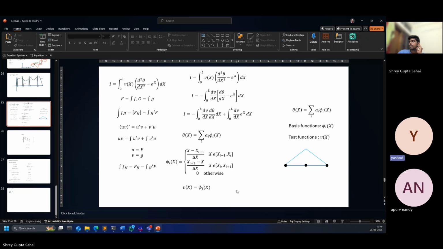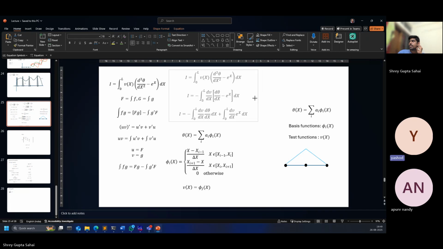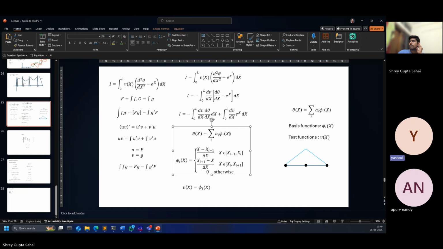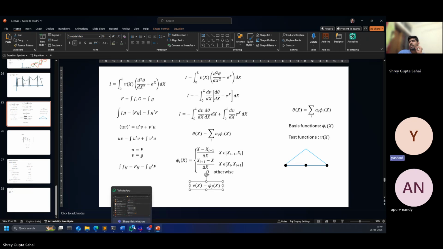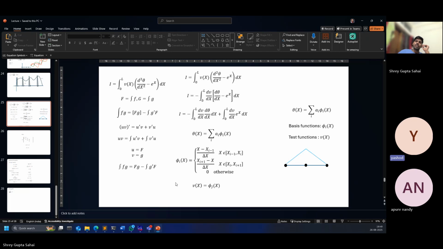This is fine, but there is some background to this. In the Galerkin method, which you are explaining, it is considered that the shape function and the weight function are the same. So this is one assumption that is made.